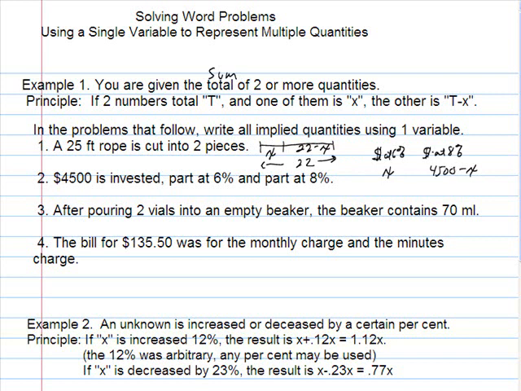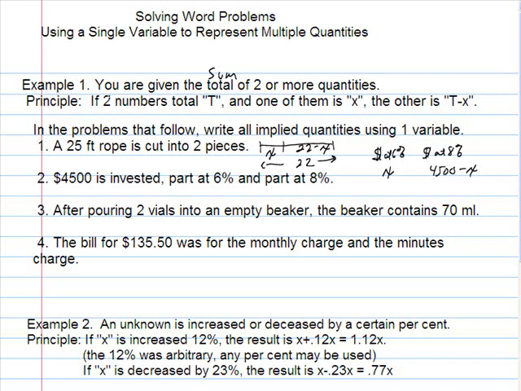Let's take another look at where 2 things total. This time we've got 2 amounts of liquids in 2 separate vials, and we pour the 2 vials into an empty beaker. The beaker contains 70 milliliters, so when we took the liquid from the first vial and added it to the liquid from the second vial, we ended up with 70 milliliters.